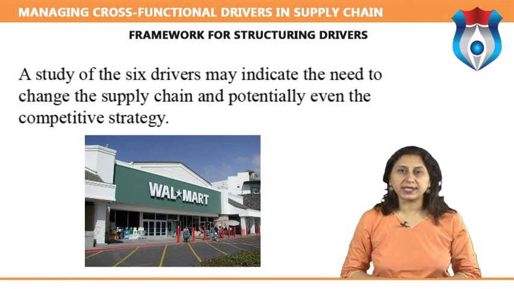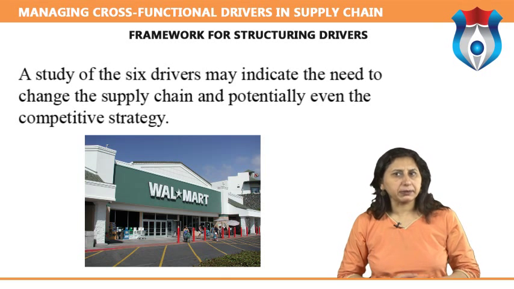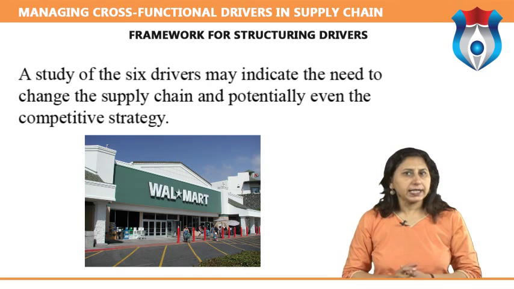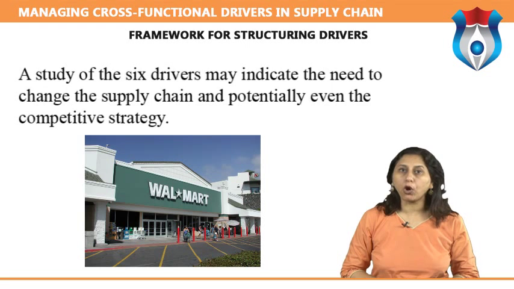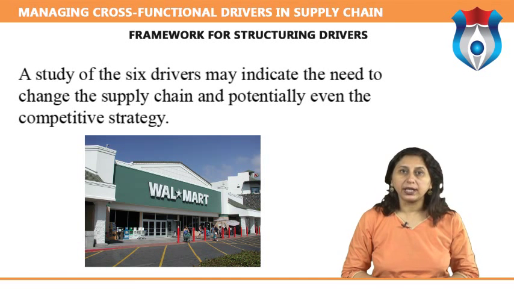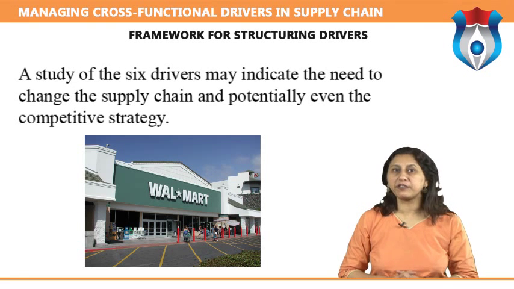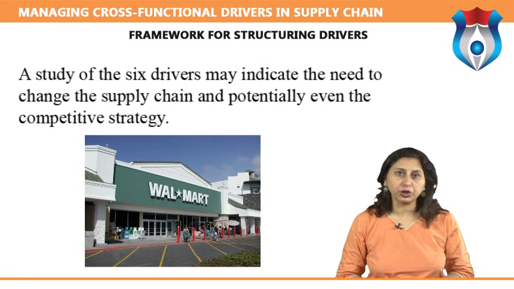A study of the 6 drivers may indicate the need to change the supply chain and potentially even the competitive strategy. Consider this framework using Walmart as an example. Walmart's competitive strategy is to be a reliable, low-cost retailer for a wide variety of mass consumption goods.